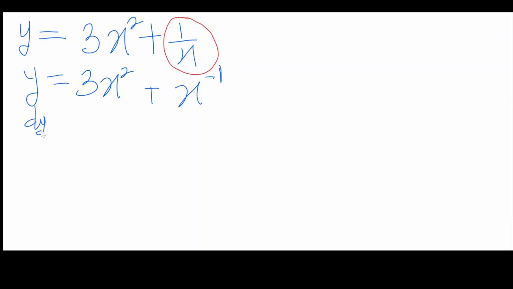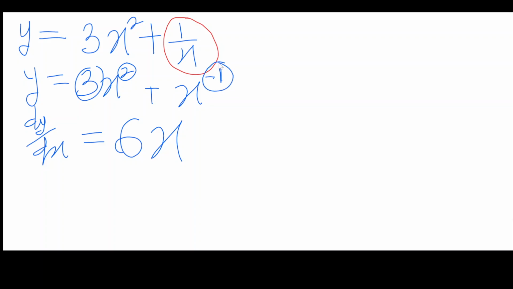Say, oh, dy/dx now equals, multiply the power by the coefficient. 2 multiplied by 3 becomes 6, then x to the power of 1, because you're going to be subtracting 1 from the power. Then we're going to be multiplying the power here, which is negative 1, by the coefficient.